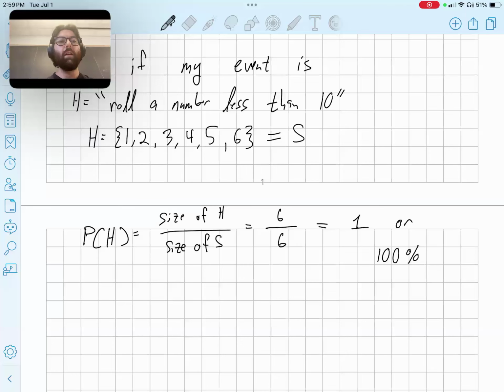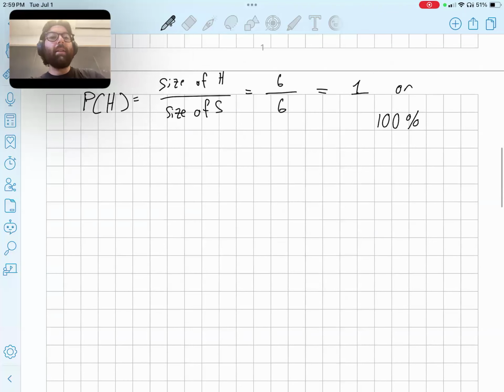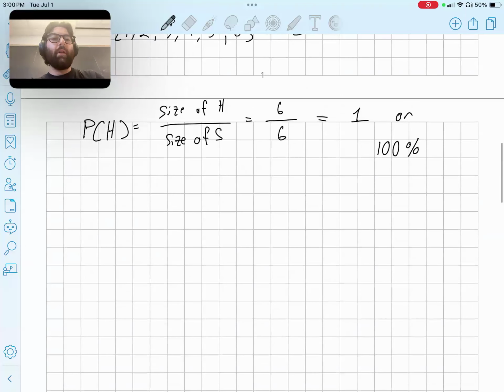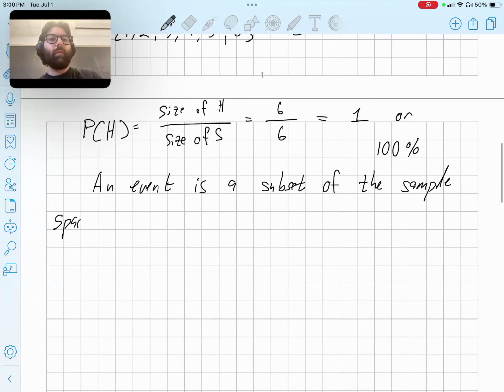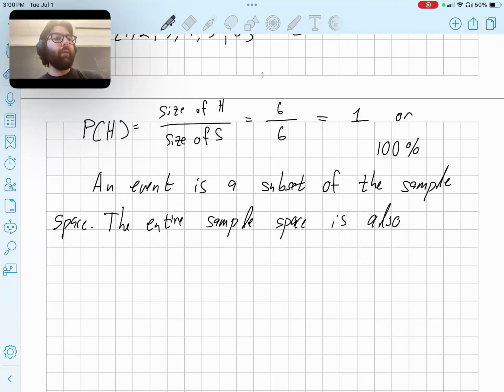Okay, and so an event is a subset of the sample space. But the entire sample space is also considered a subset.